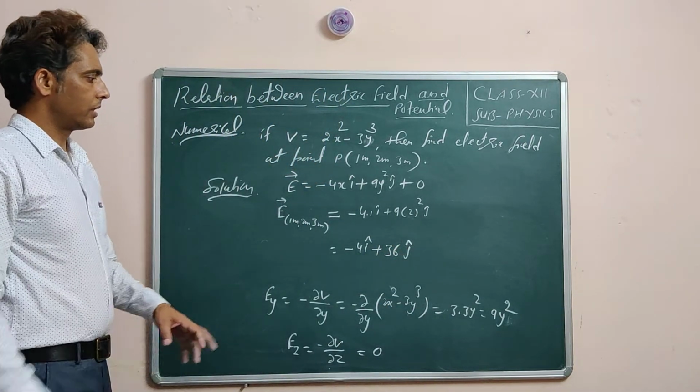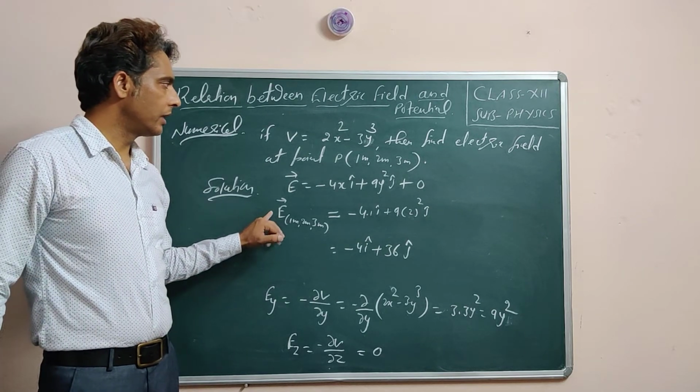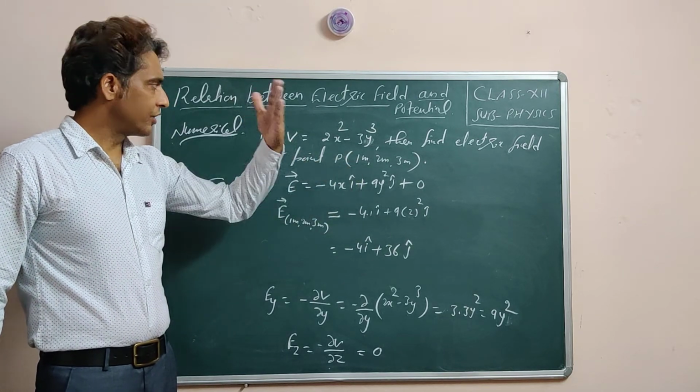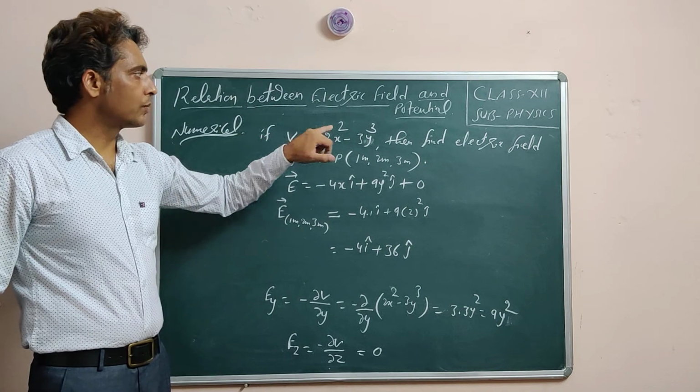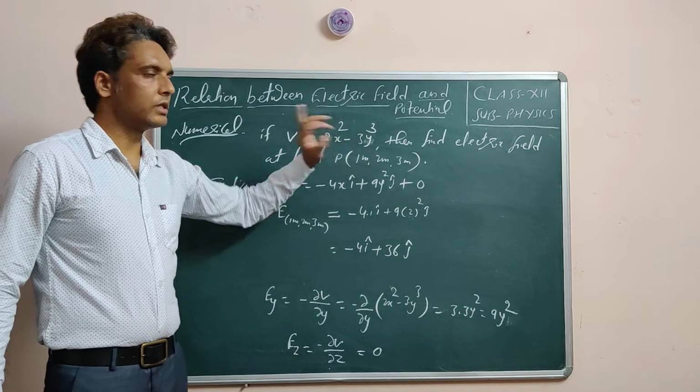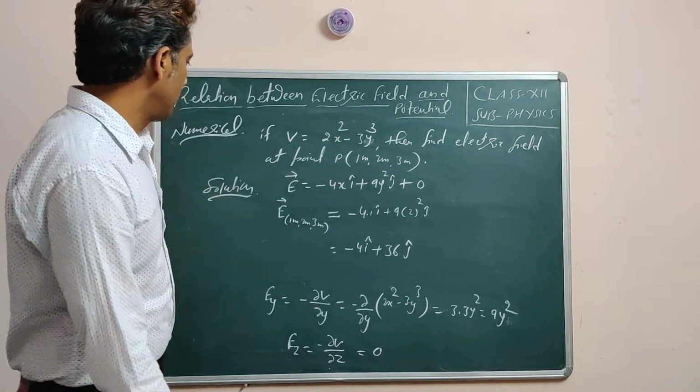So this is the electric field intensity at this point when potential in a certain region of space is given as 2x square minus 3y cube.